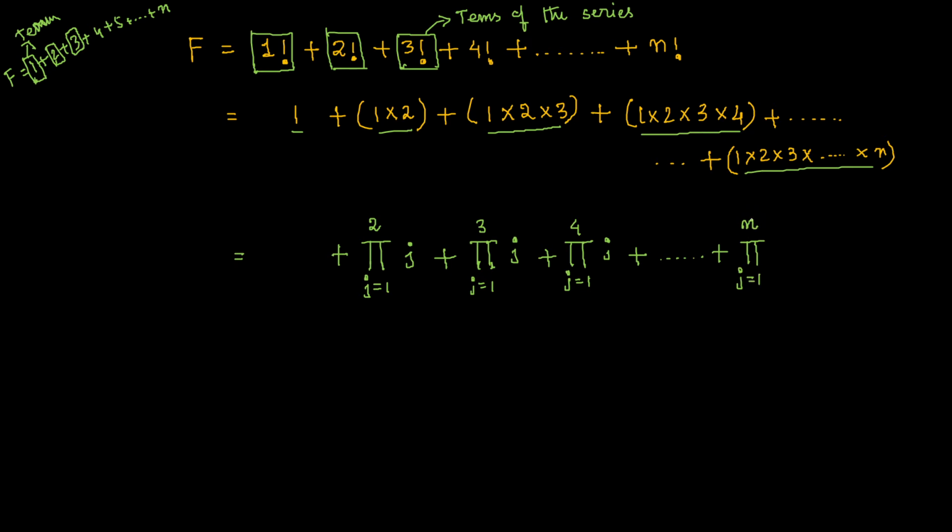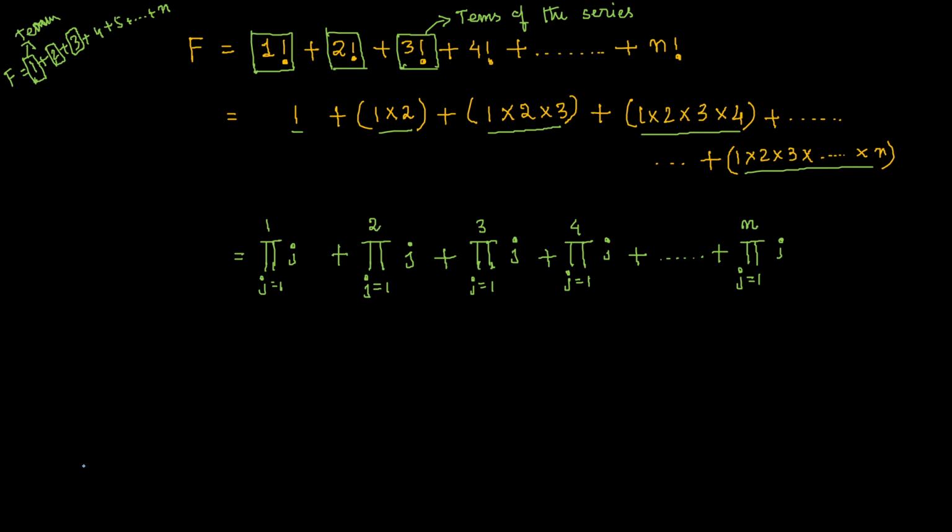This n will be provided by the user, with j, and this one also I can represent in the same way. Basically, the initial case is j equal to 1 to 1, only one time, that's all, right?